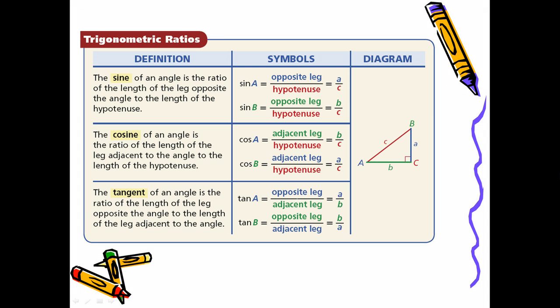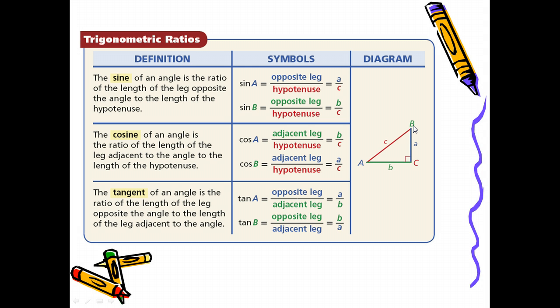The cosine of an angle is the ratio of the length of the leg adjacent to the angle, so it touches and helps form the angle, to the length of the hypotenuse. So in cosine of A, we have B touching A, so we have B over the hypotenuse.